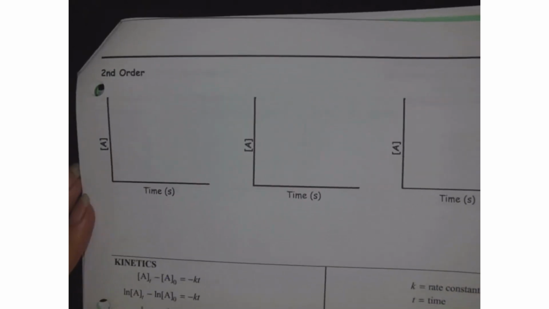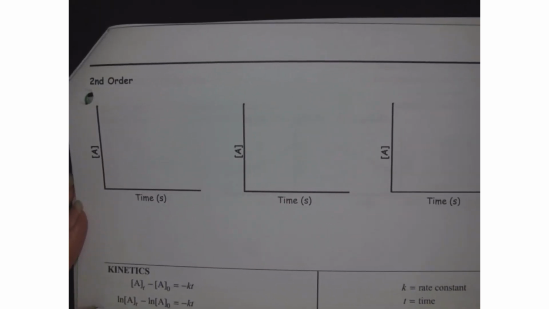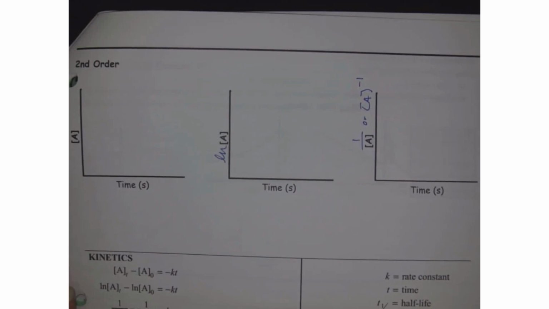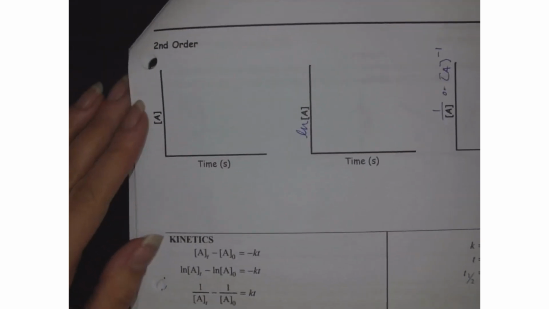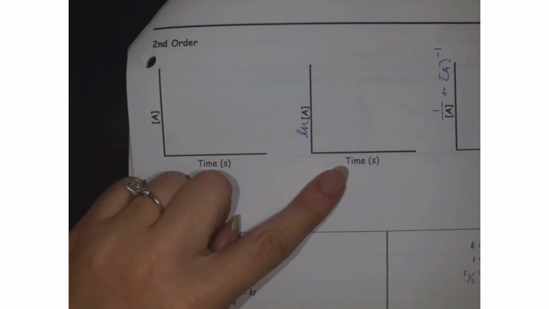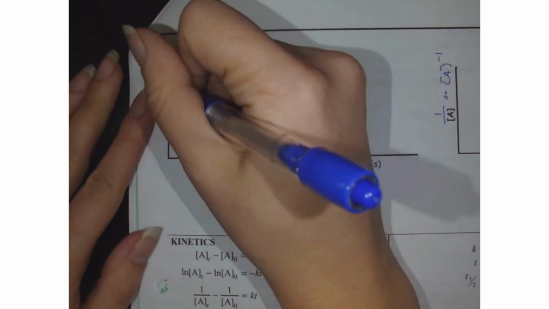All right, last one, second order reactions. So updating our graphs just like before. We had a concentration versus time, then I want you to change it to natural log versus time and inverse concentration versus time. Okay, for a second order, what we see is that the concentration versus time and the natural log of the concentration versus time are both curved.